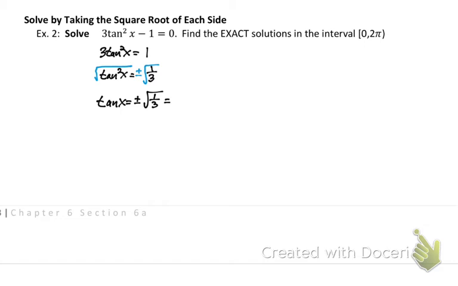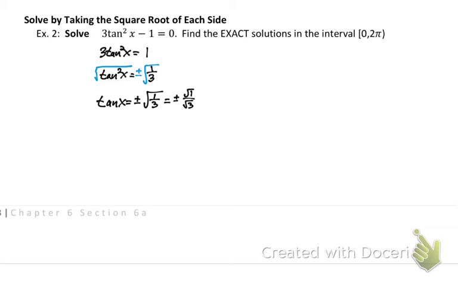Depending on how good you are with square roots, that will tell you how many steps you have to do next. Now remember, when you have a fraction with the square root of it, that square root goes to the top and to the bottom. So this is actually plus or minus the square root of 1 over the square root of 3. What's the square root of 1? 1. So I really just have 1 over square root of 3. But that's a problem. We can't have a square root in the denominator.